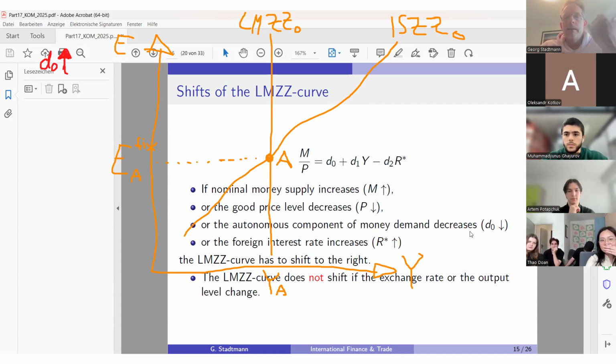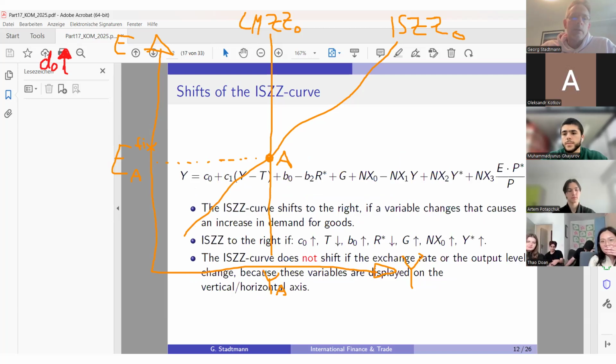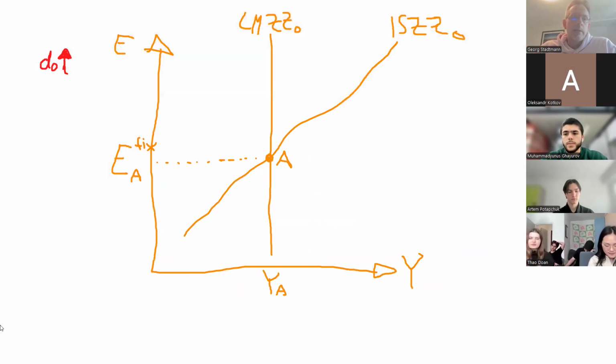But in our case, the autonomous component of money demand increases. Therefore, we know that the LMZZ curve shifts to the left. So we can go back here, and LMZZ goes to the left.